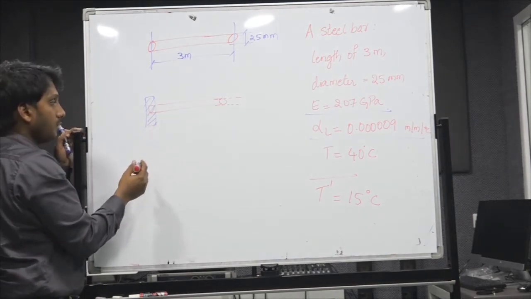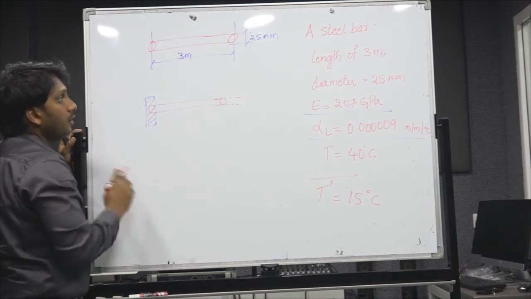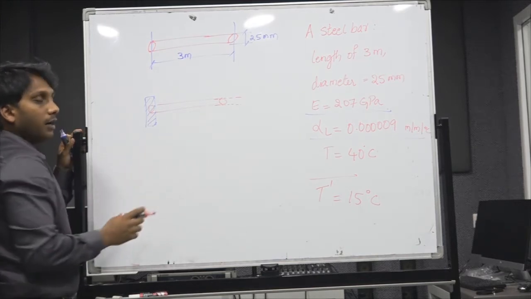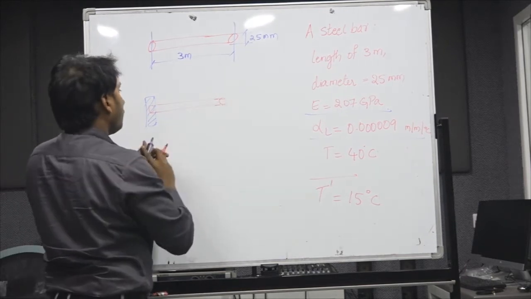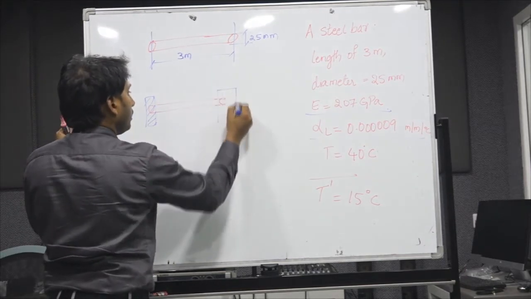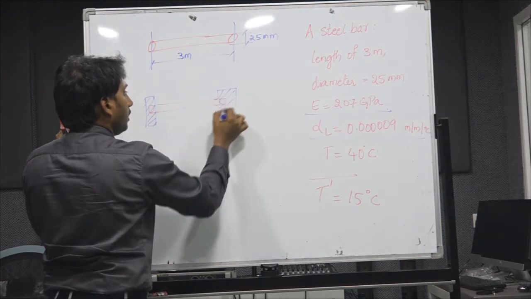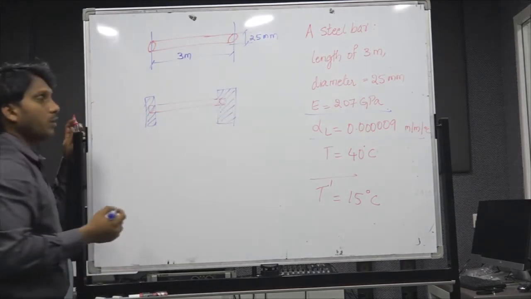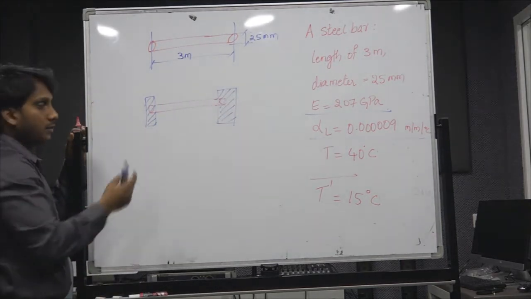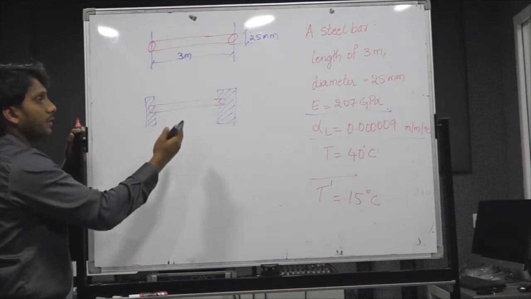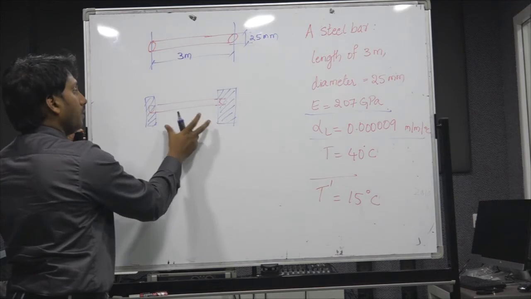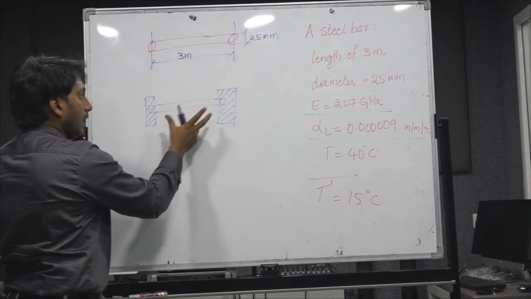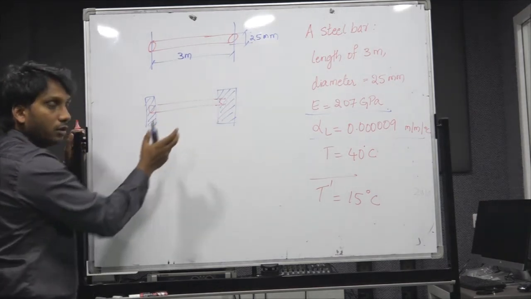But in some conditions, like the given one, the bar is fixed at both ends. So when the bar is fixed at both ends, it cannot elongate or contract.